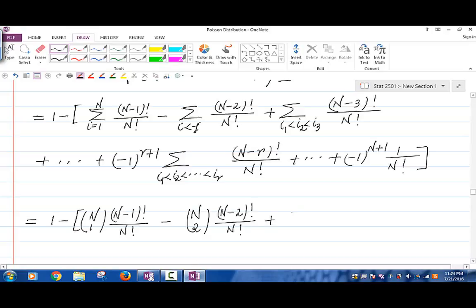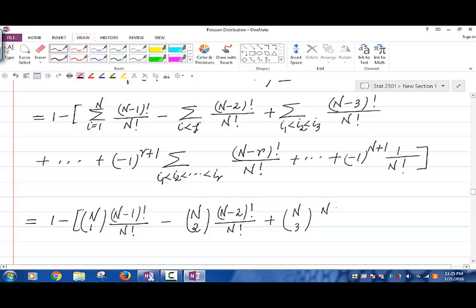The next term would be N choose 3, because the sum goes over all triples of numbers between 1 and N. How many ways can I pick 3 distinct numbers between 1 and N? That's N choose 3.